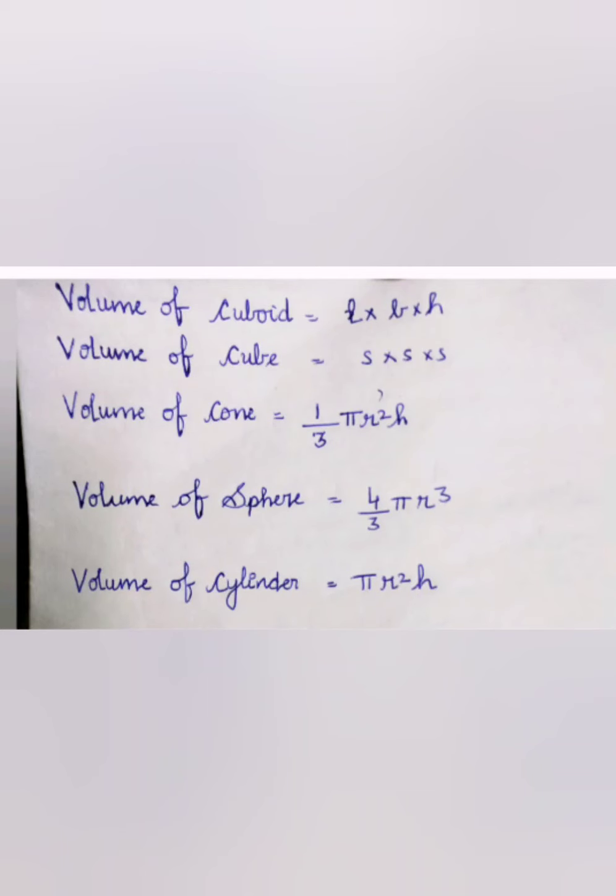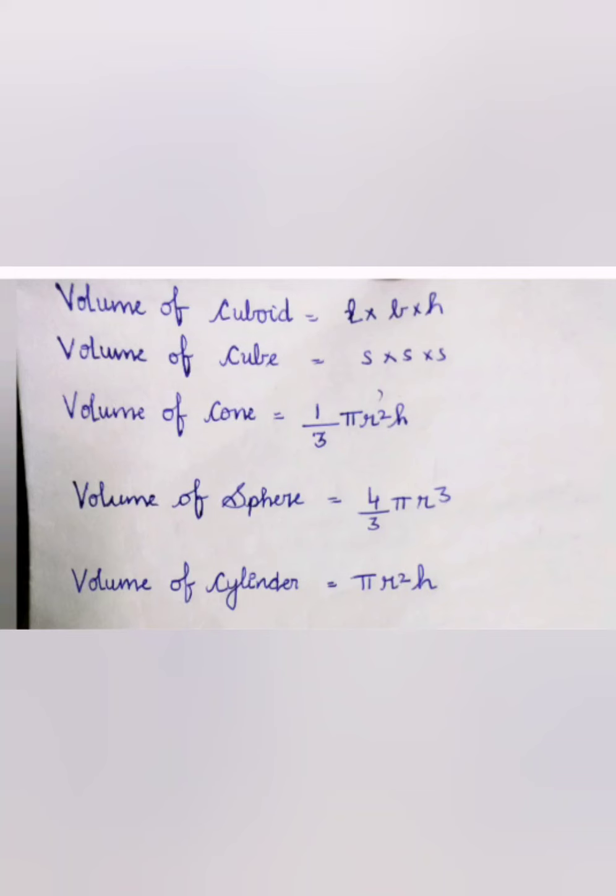Next, let's see the measurement of regular shaped solids like cylinder, sphere, cone, cube and cuboid. We use formulas to measure the volume of regular shaped solids. The volume of a cuboid can be measured by using the formula length times breadth times height, whereas the volume of a cube can be measured by using the formula side times side times side.